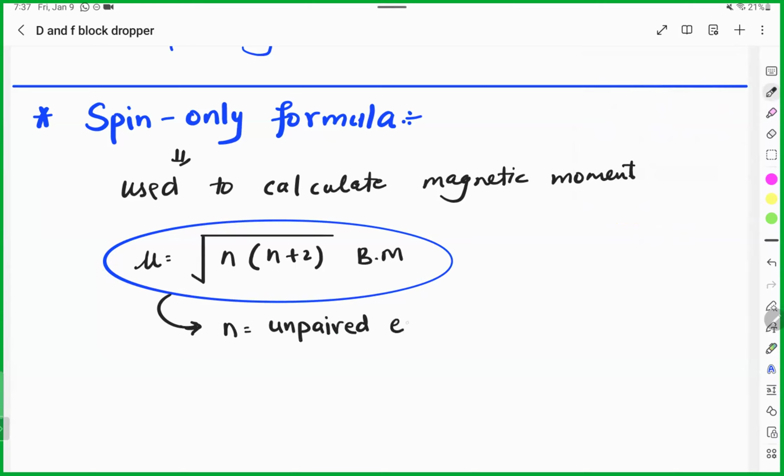N is unpaired electron. So, for example, if you take n value 3, then you will multiply 3 with 5, because of 2 extra, n plus 2. If you take 5 unpaired electrons, then you will multiply by 7. Why? Because you are multiplying n with n plus 2 value. Understood? So we did this.